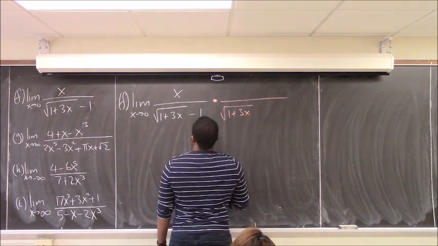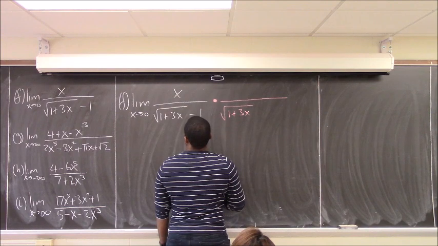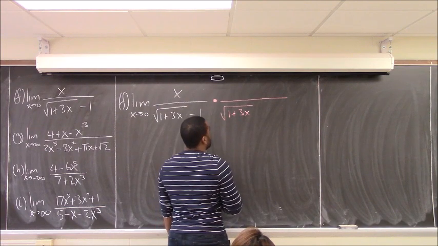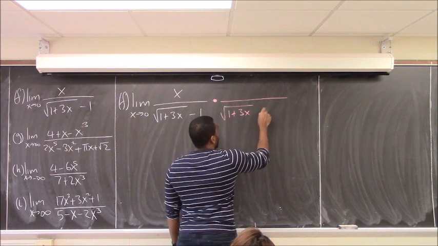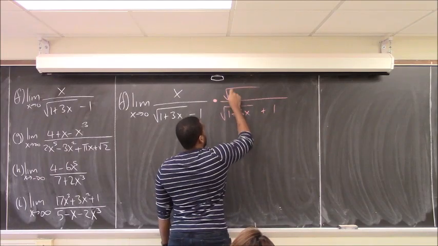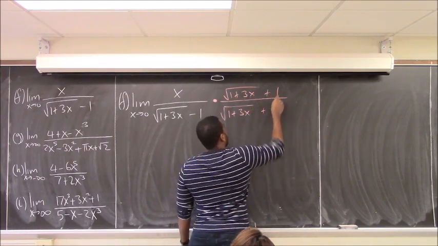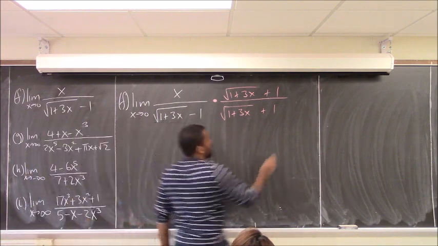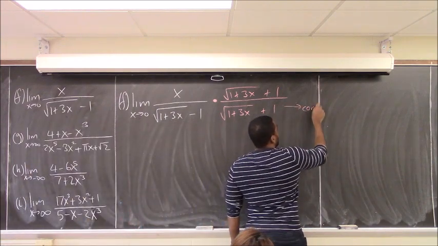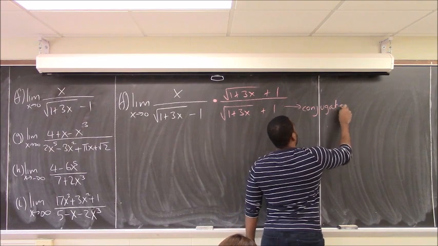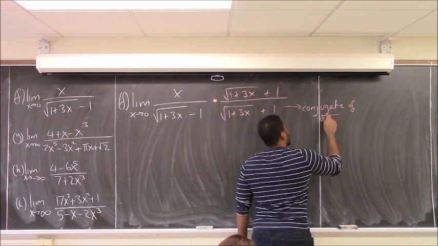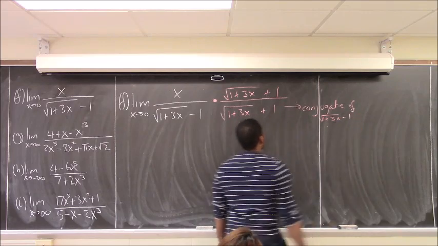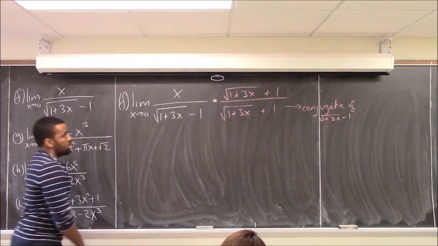What do we multiply by? Plus 1. So you have to remember to change the sign. This is called rationalizing. This is called a conjugate of the expression over here.